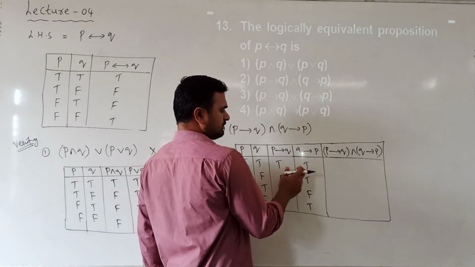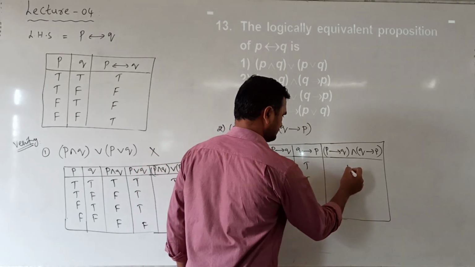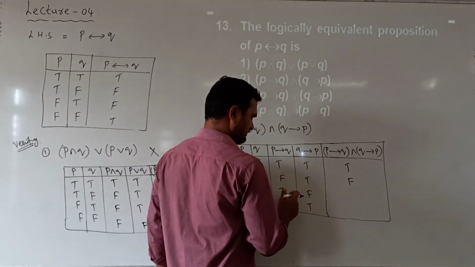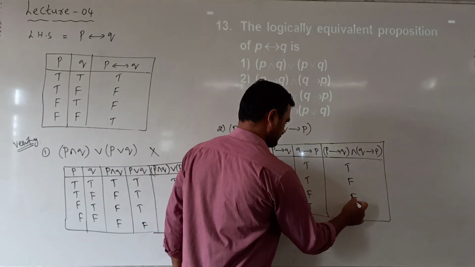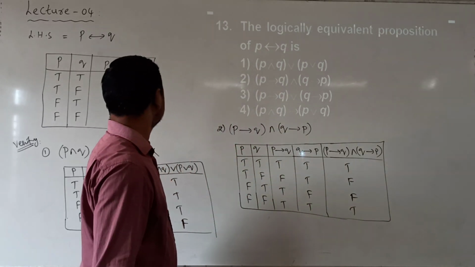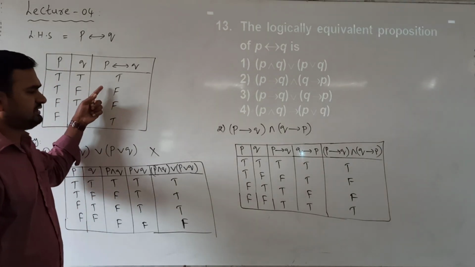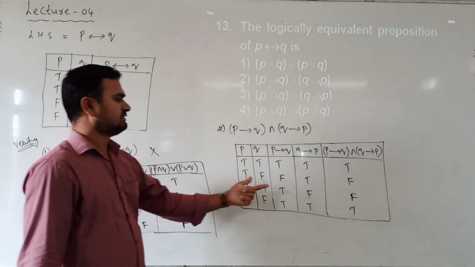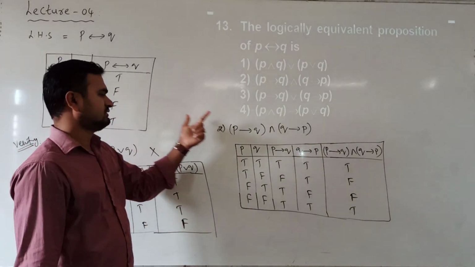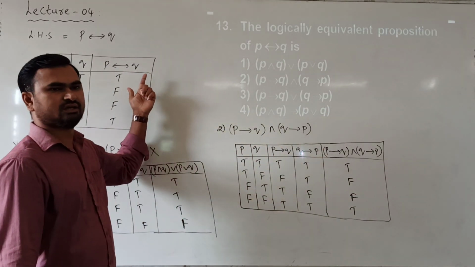AND operation: both true, then only true. This is false, false. Here both are true, so it will be true. Now observe, is it the same as the left hand side, T, F, F, T? The column truth values are the same for these two, so we can say these two are logically equivalent.